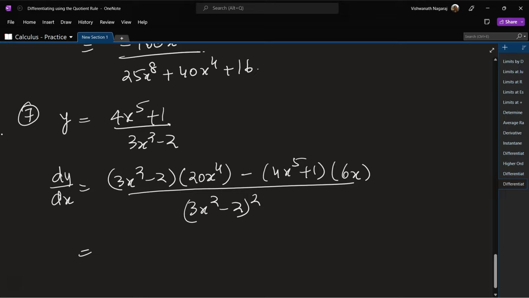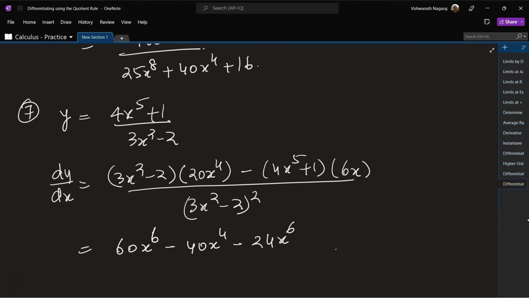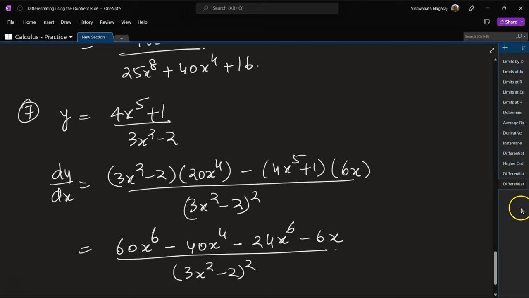Simplify. So 3 times 20 is 60x to the power of 6 minus 40x to the power of 4 minus 24x to the power of 6 minus 6x, divided by (3x square minus 2) the whole square.